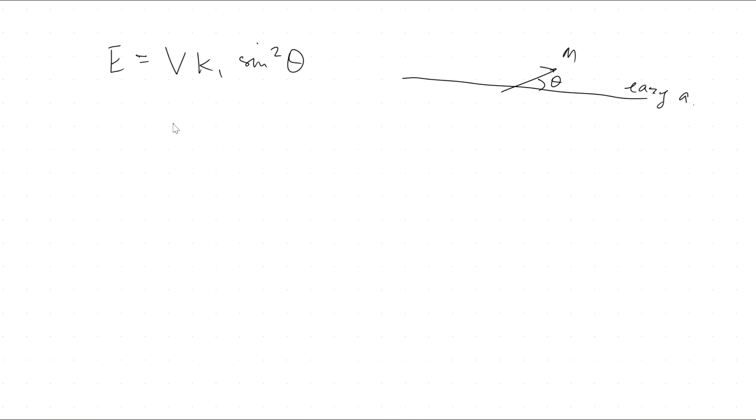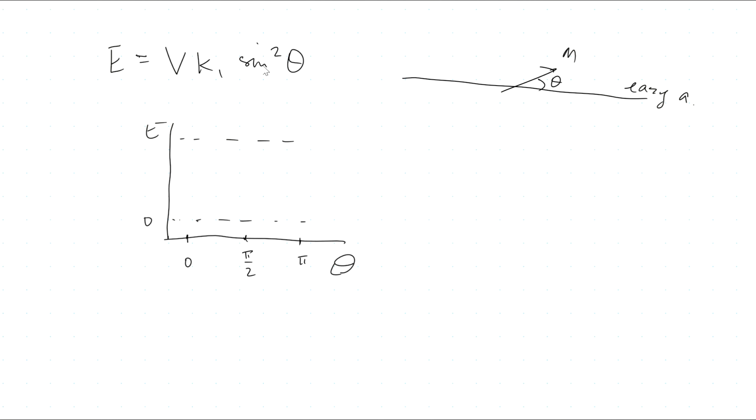Now, if we plot this energy as a function of theta, let's say this is 0, this is pi over 2, this is pi, then there would be a minimum here. The minimum would be equal to basically 0.